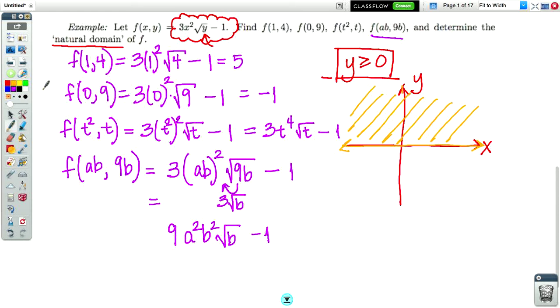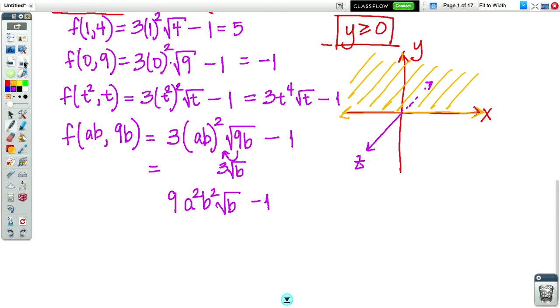Now, of course, in this case, we're actually rising out of the paper and getting this z quantity going on, but we'll only be looking at this half space, everything above the line y equals 0. So that's the natural domain of this function.